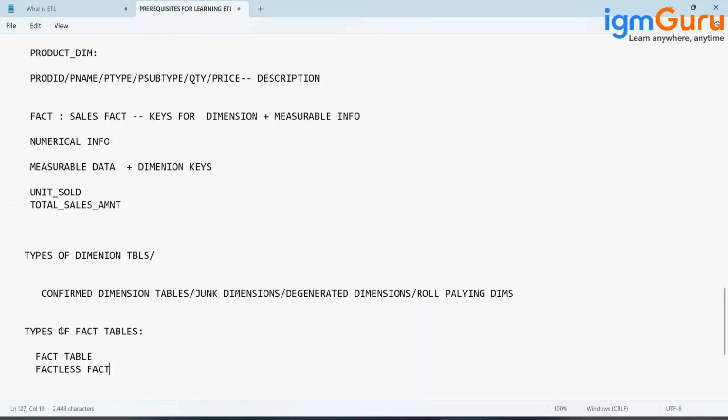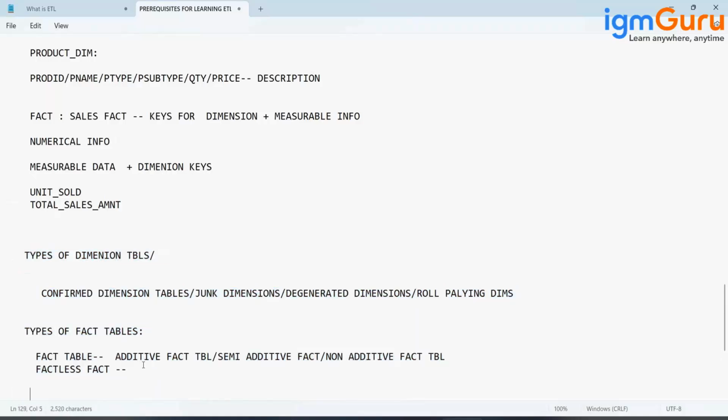In the fact table, I can again segregate into three different types: additive fact table, semi-additive fact table, and non-additive fact table. Factless fact is only one type, and I will give more detailed information about all these things in tomorrow's session.